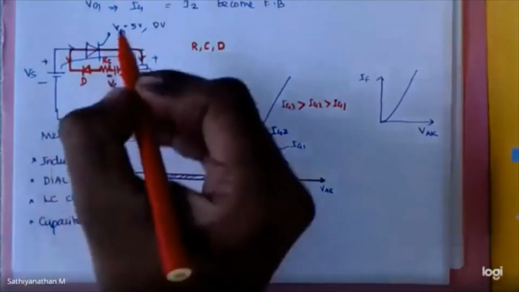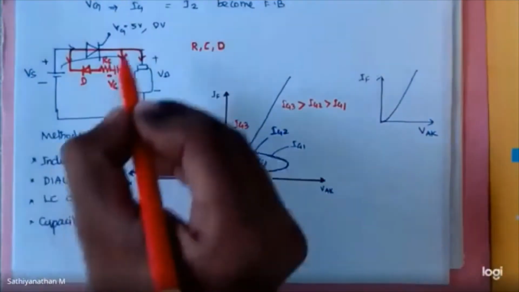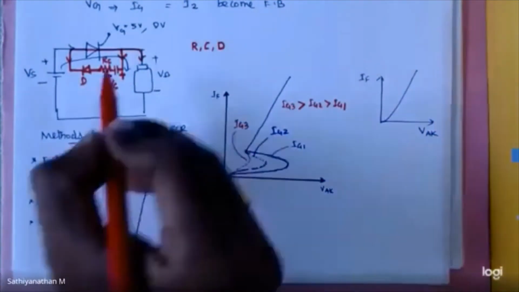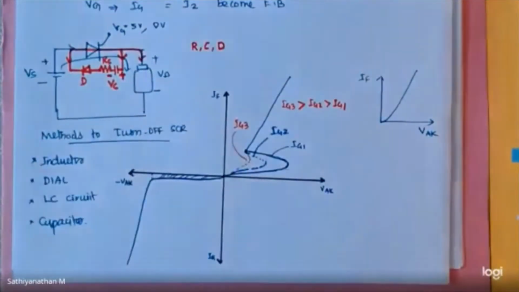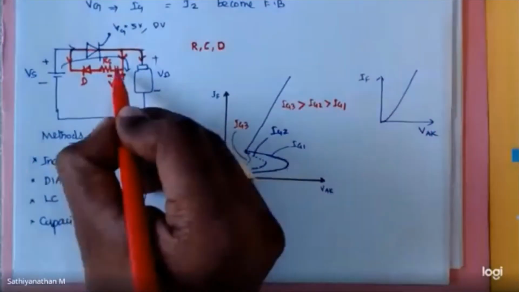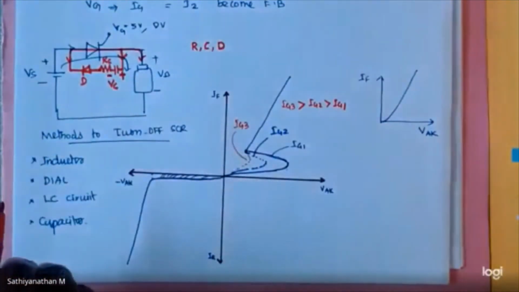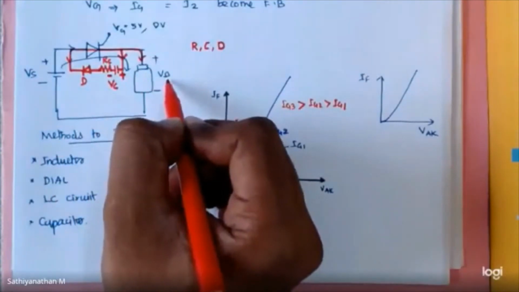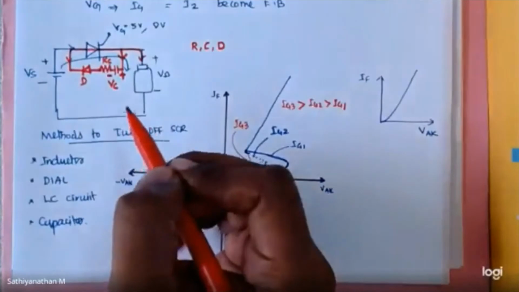Okay, when you remove the gate voltage, usually the device will not turn off, but due to this additional circuit, RCD circuit, there is a voltage across the capacitor, and almost you have one more voltage source which is opposite to this source, right?